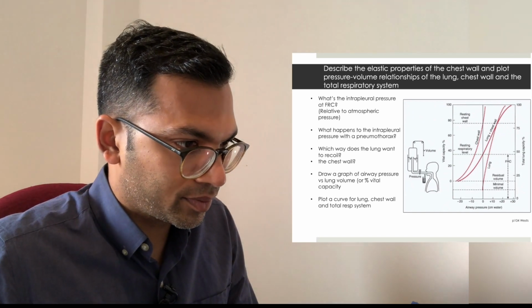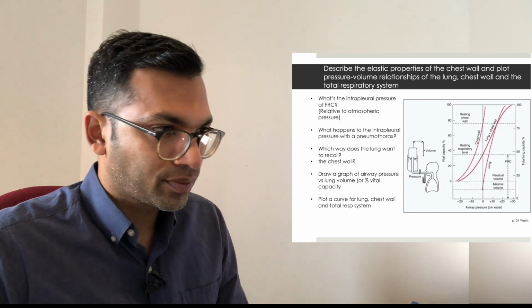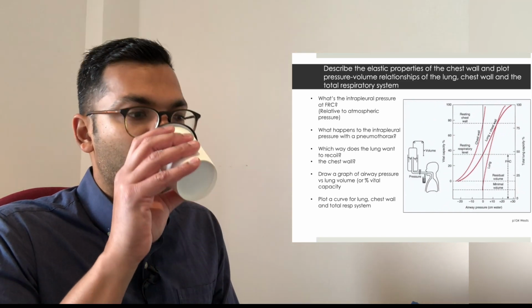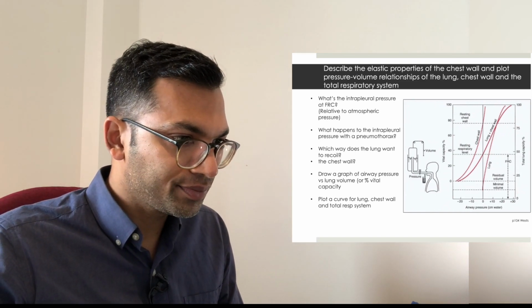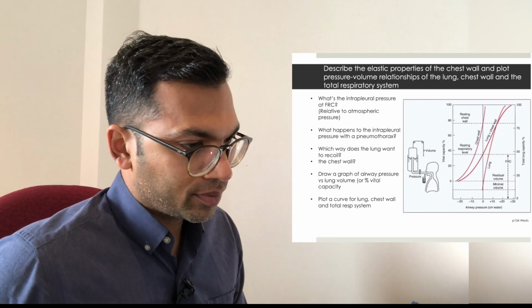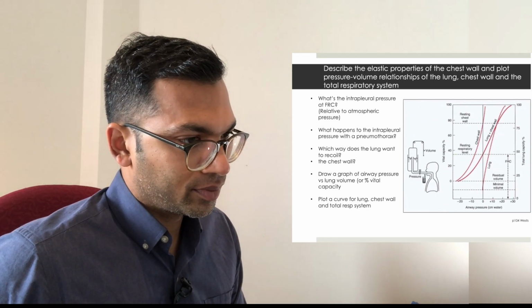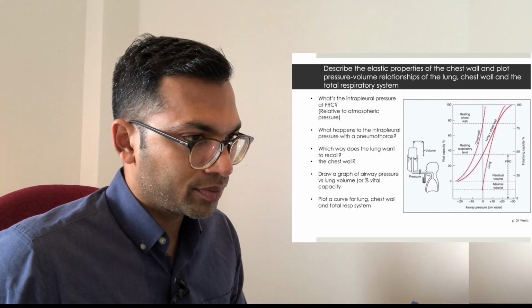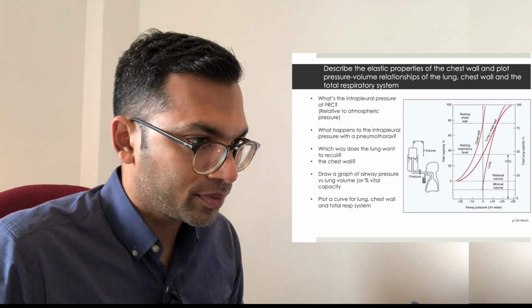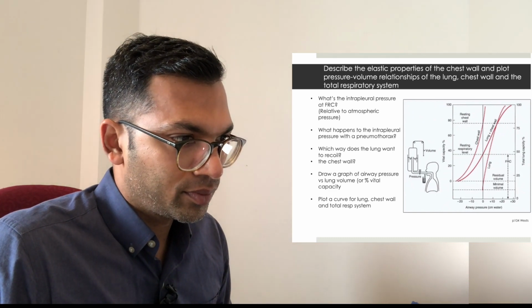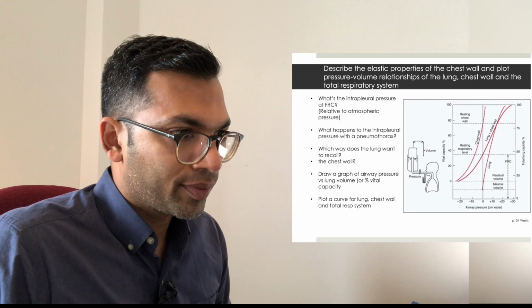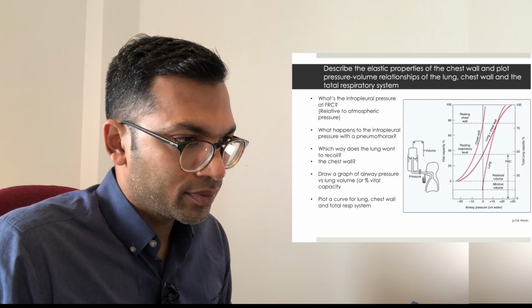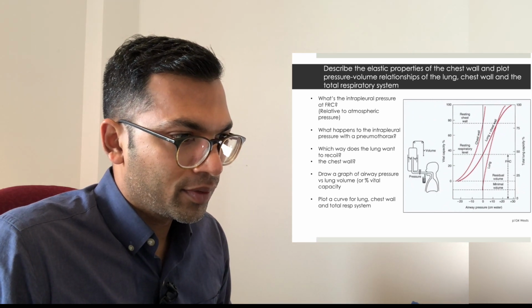If we're just looking at the chest wall, you start off with an airway pressure of about -20, and when it gets to about 75% of the vital capacity, the airway pressure is 0, and when it gets to about 100, it gets to +5 centimeters of water. That's great.